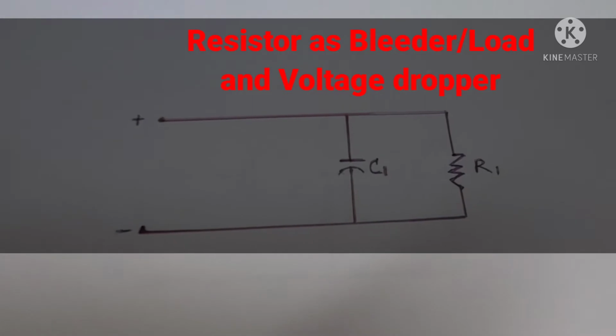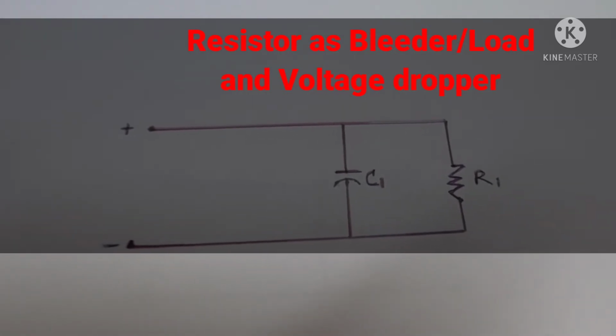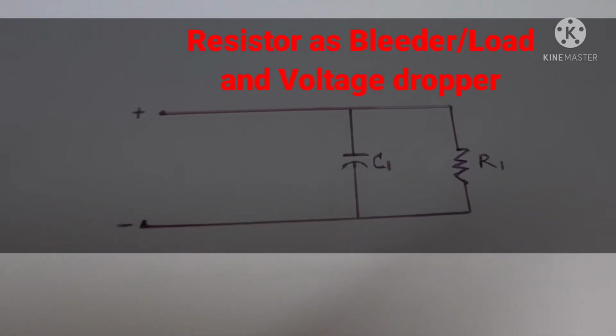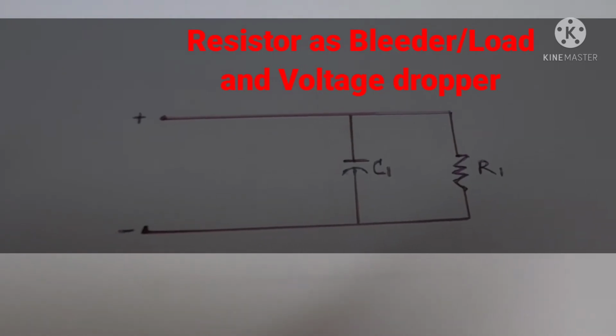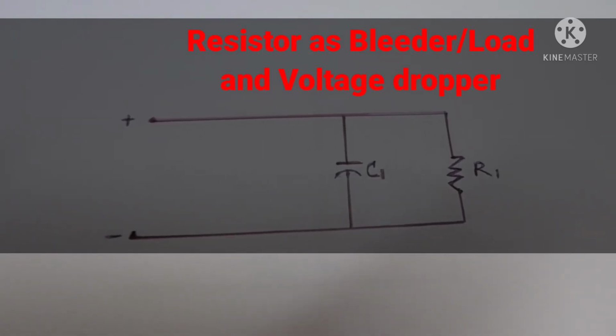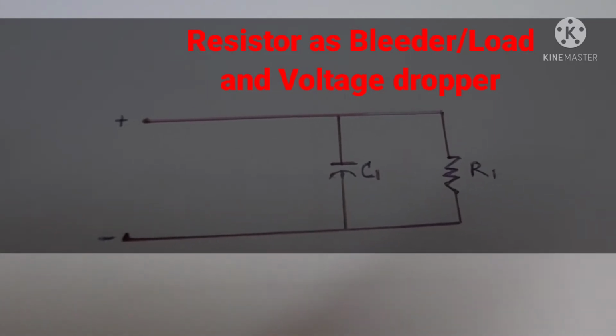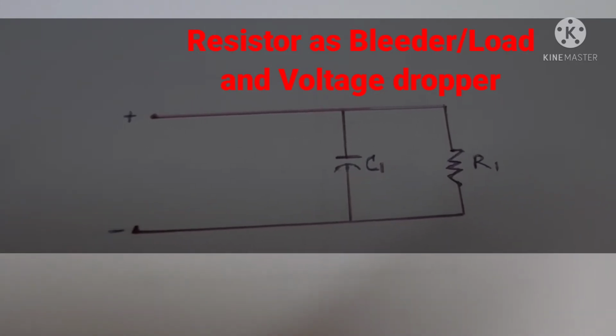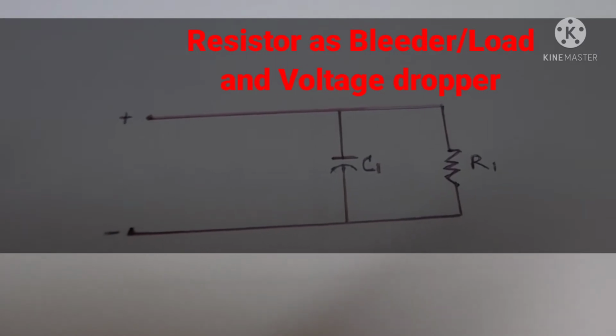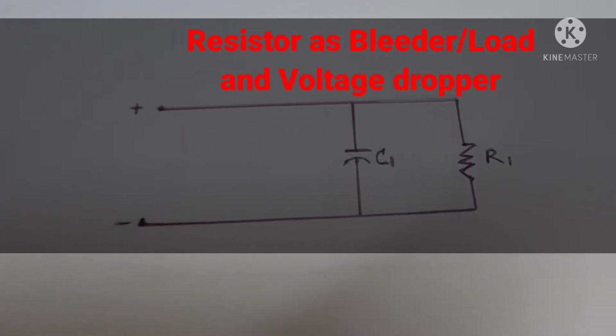The purpose is to discharge the electric charge. The presence of a bleeder also guarantees a minimum load on the power supply. The bleeder resistor is placed across the capacitor.